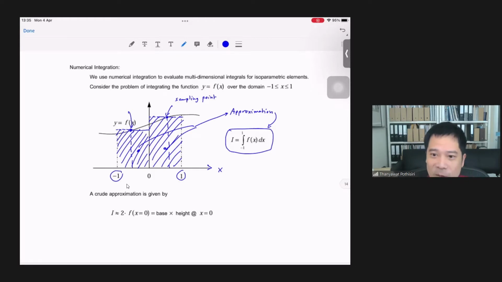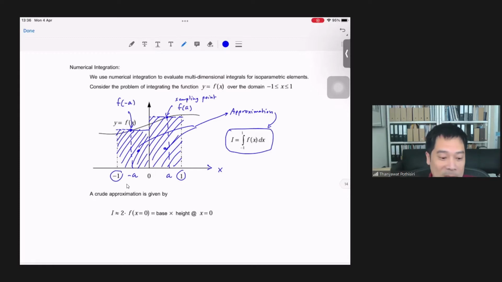And once you select your sampling points, you can find the value of the function at this sampling point, okay? So for example, if this is called sampling point a, then you can find the value of the function here, which would be fa, right? And if this point is at minus a, so this would be your function at f minus a, okay?